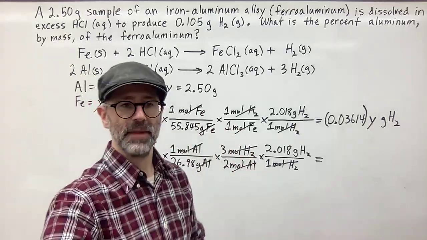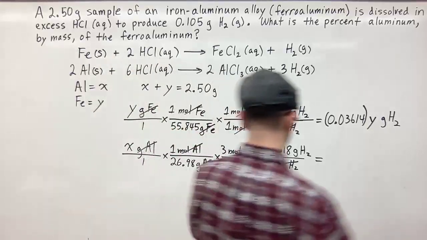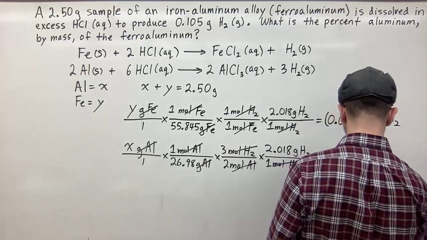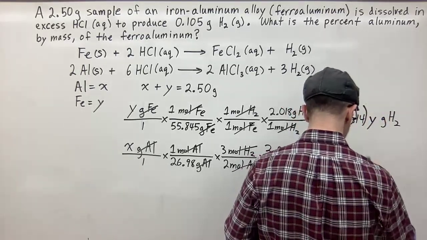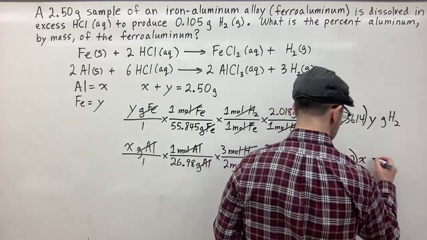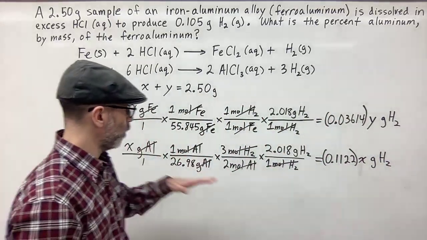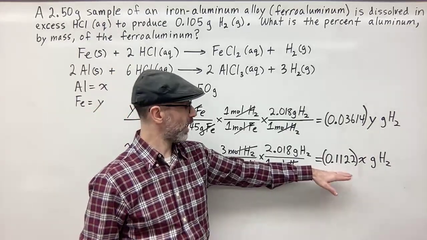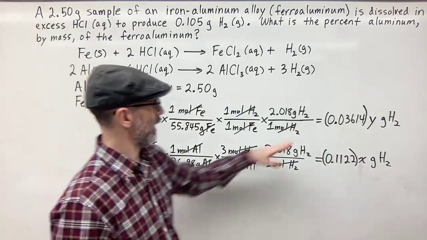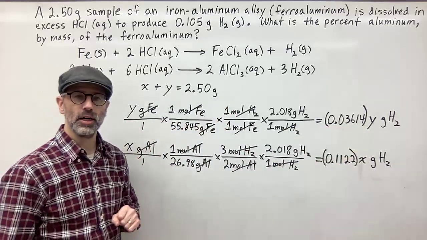And when I do that, I get 0.1122 times x. We can't forget the times x. So times x grams of H2. So now I have the gram amount of hydrogen in terms of x from an x amount of aluminum, and I have the gram amount of hydrogen in terms of y from a y amount of iron.